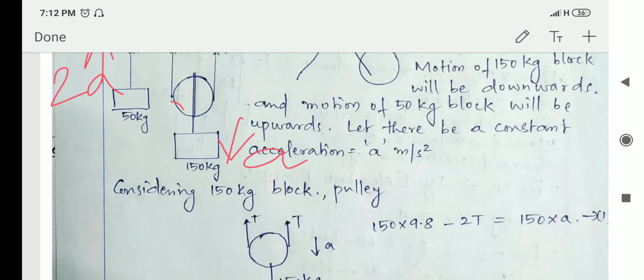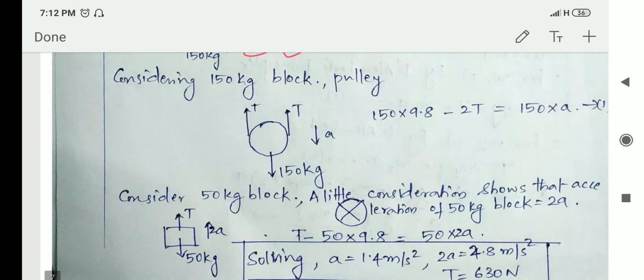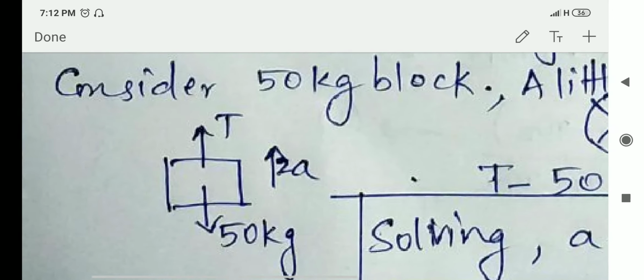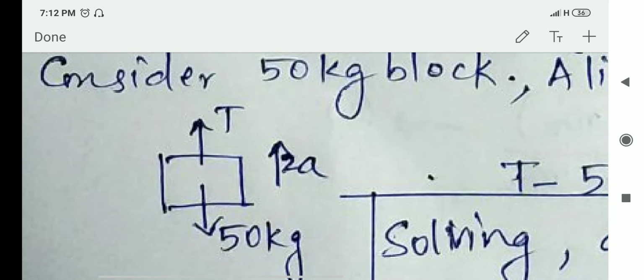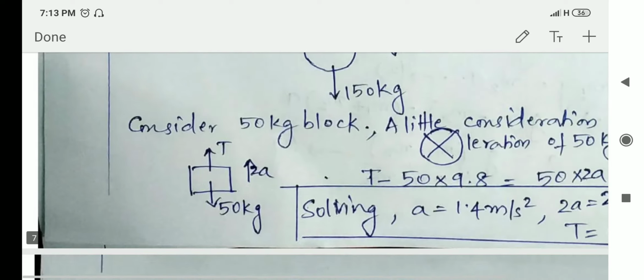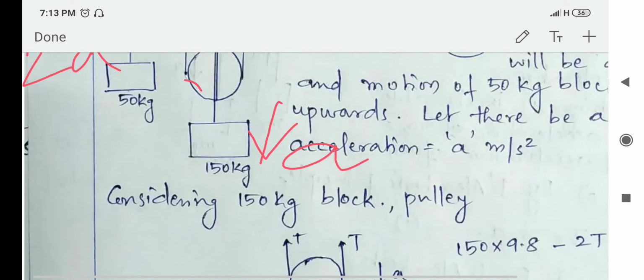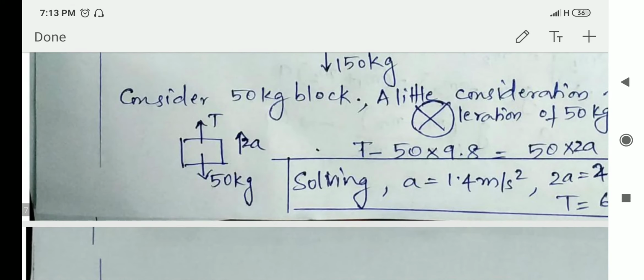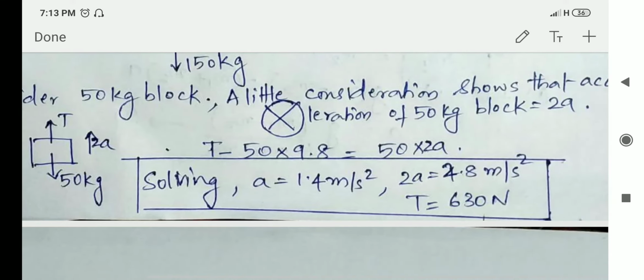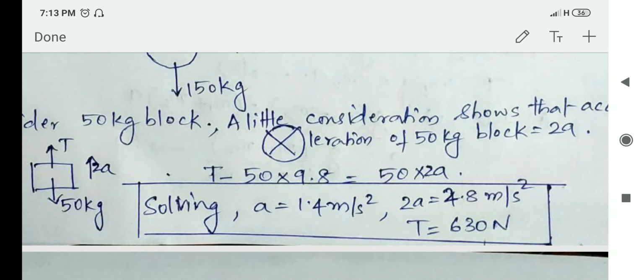Now considering the 50 kilogram block, the free body diagram is like this. The 50 kilogram block is moving upwards, tension T is acting upwards, and 2a acceleration is upwards, right? Here T minus 50 into 9.81 equal to 50 into 2a, right? So here we have the second equation.